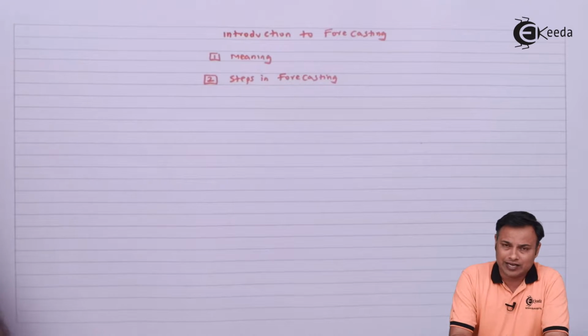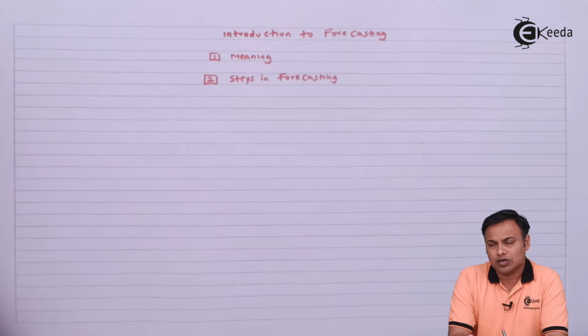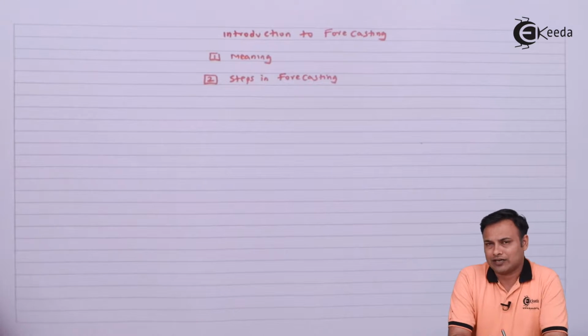Under secondary data, the data is collected by a third person, and therefore there will always be some reliability issues regarding the source of data. Therefore, it is very important that as a forecaster you decide the pros and the cons of the primary as well as secondary data.